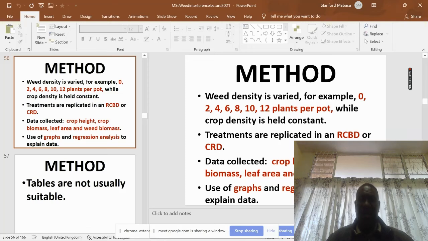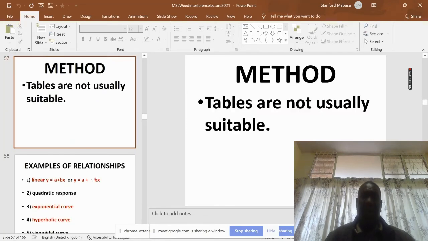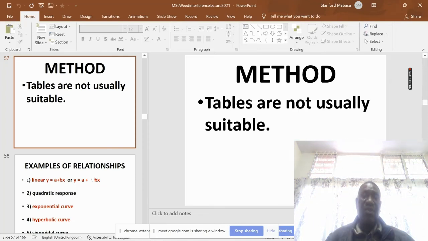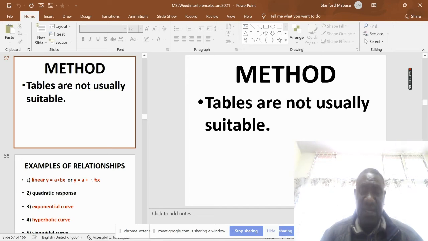Now we can use graphs and regression analysis to explain the data. Although tables may be used, these are usually not suitable for this kind of a study.